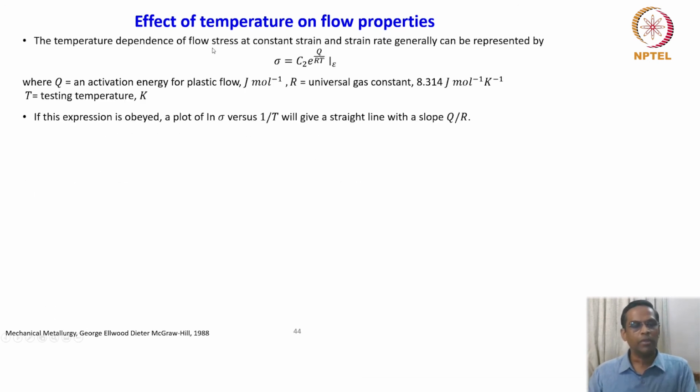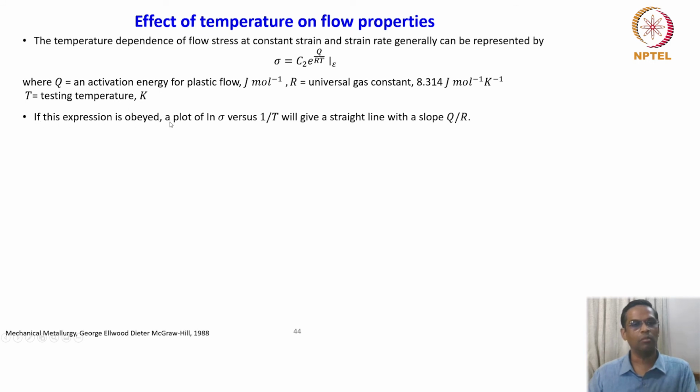So the temperature dependence of flow stress at constant strain and strain rate generally can be expressed by sigma equal to C2 times e to the power Q by RT at constant strain, where Q is an activation energy for plastic flow in joules per mole, R is the universal gas constant, and T is the testing temperature in Kelvin.